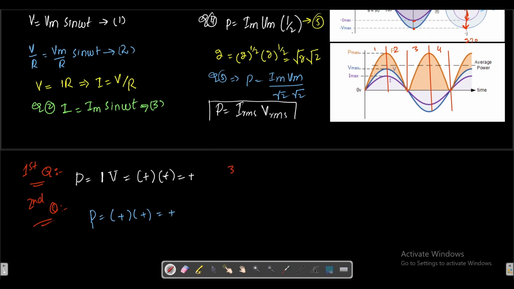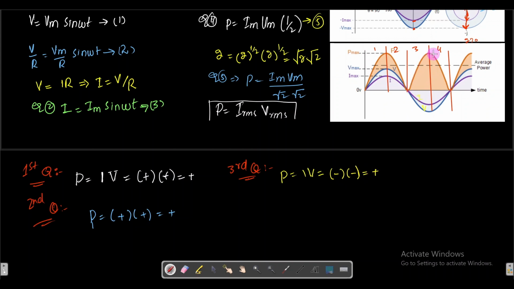So for the third quadrant, P is equal to IV, and the value of the current is negative here, and the value of the voltage is negative too. Negative times negative again gives us the positive value.